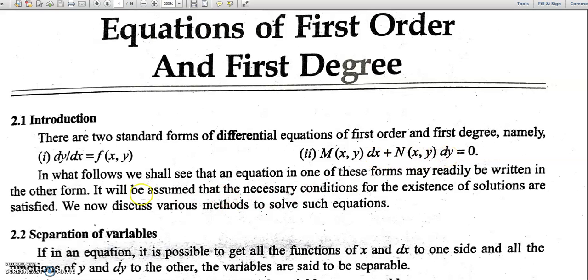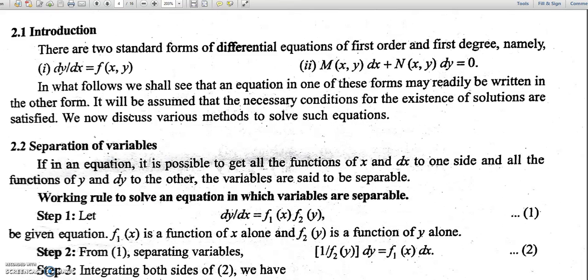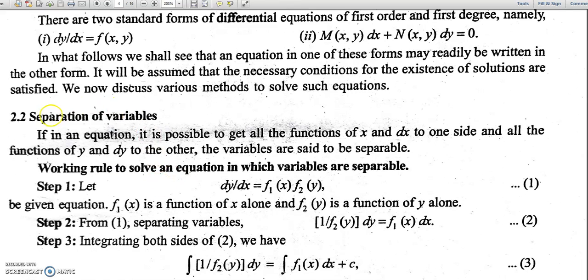Now we shall discuss the procedure to solve this differential equation. The first one, as you know from your class 12, is called separation of variables. Here you need to separate the variables.